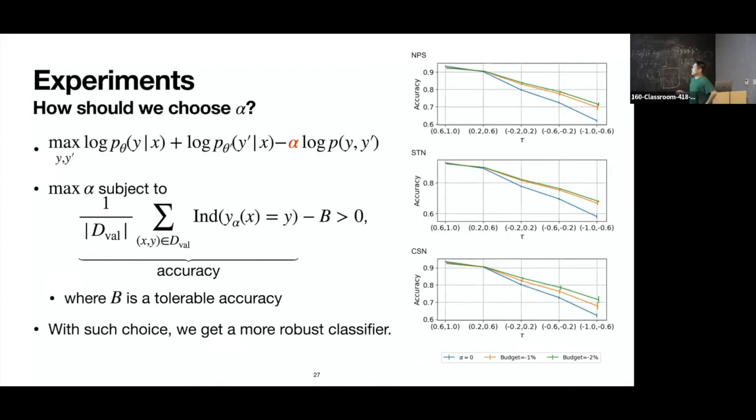And then we see that, yes, if we give some budget without any distributional shift, we lose a bit, say 1% or 2%. But as the shift grows, if you use that particular alpha value, this multitask classifier is indeed more robust than one not taking into account the target causing confounder.